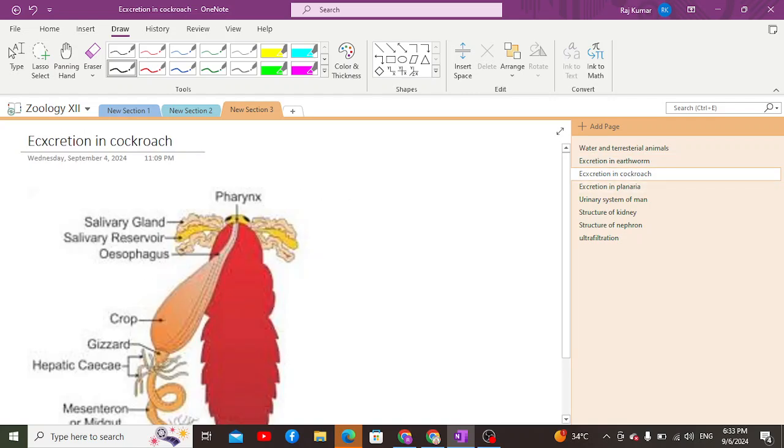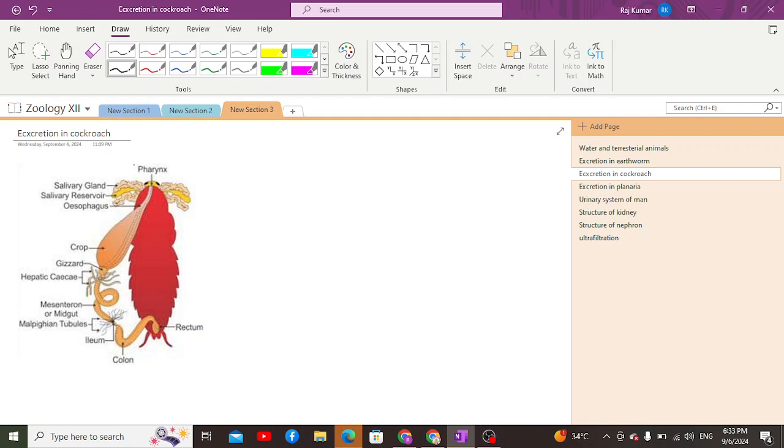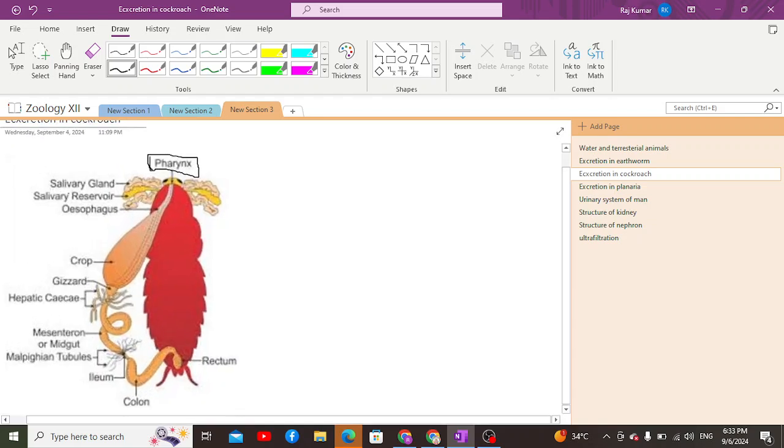And the third one is cockroach. Excretion in cockroach occurs in such a manner that all insects are the only organisms which have the digestive system connected to their excretory system.